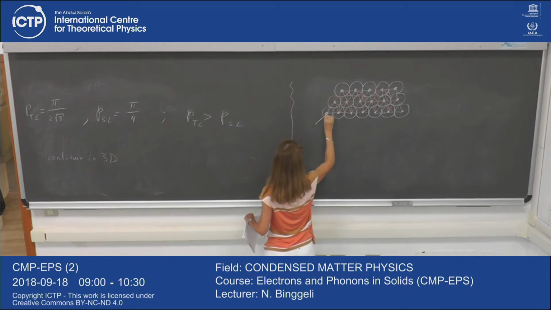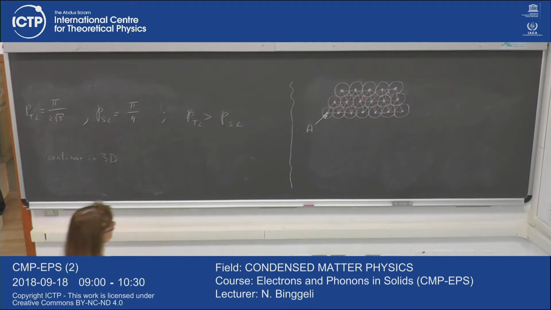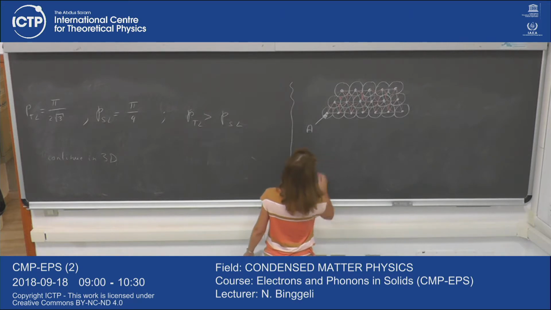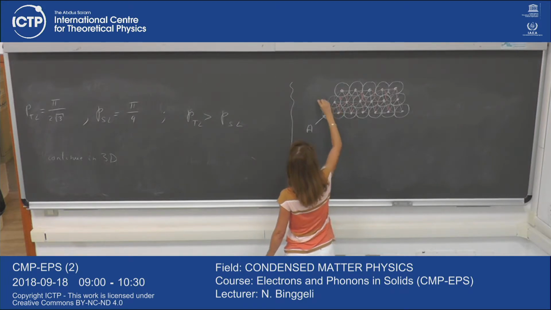So this corresponds to the A sites, the first layer of spheres. And the second layer of spheres, I centered on these red sites, which I will call B sites.